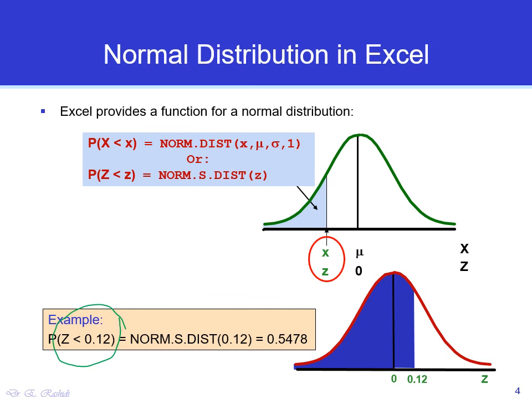Using the second Excel function here, that would be norm.s.dist, and then z, which is 0.12, and that would be equal to 0.5478, and that's equal to the shaded blue area here. All right, so now let's actually see this in Excel.